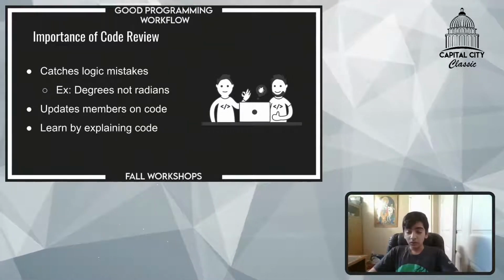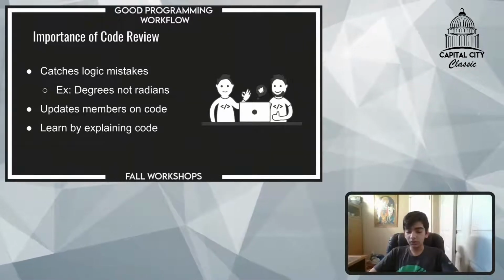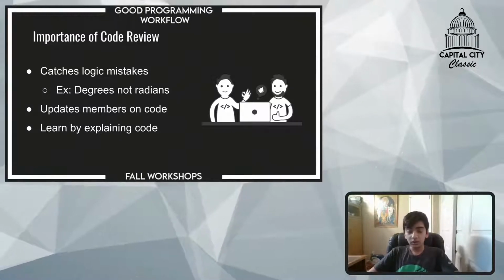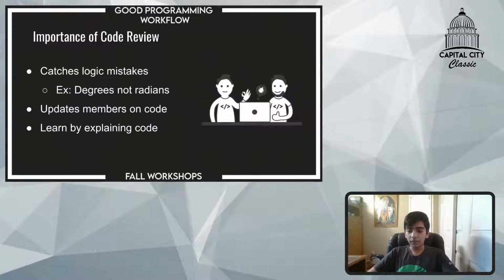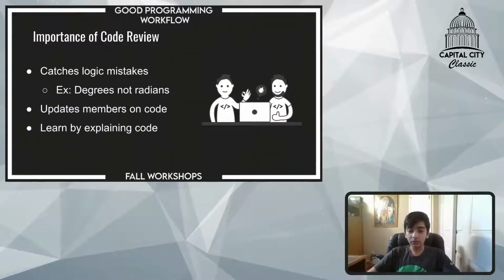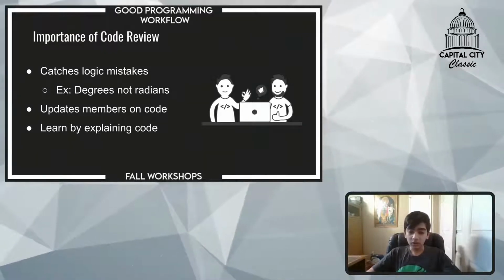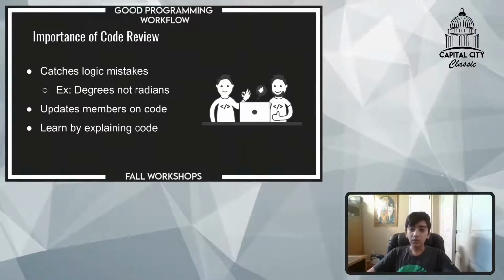You can learn by both asking questions and explaining code in code review. If you have questions about logic and somebody else explains that to you, then you learn what's going on. If it's a specific question about how a mechanism is to function, that's something else you can learn from doing code reviews. So having these comments and questions always flowing through when you are working on features is a really important part.